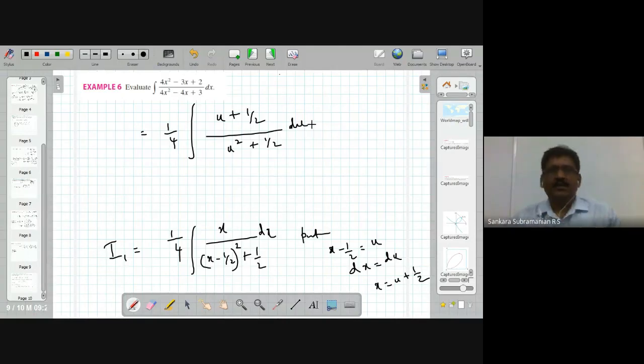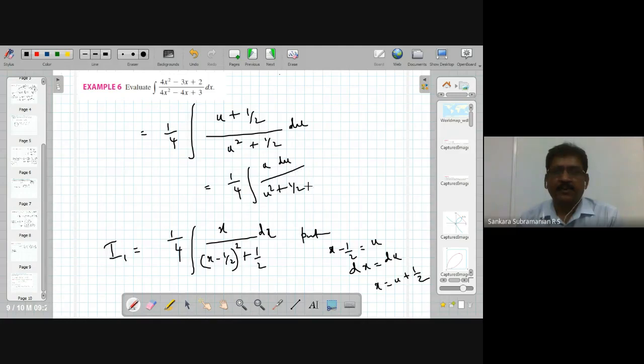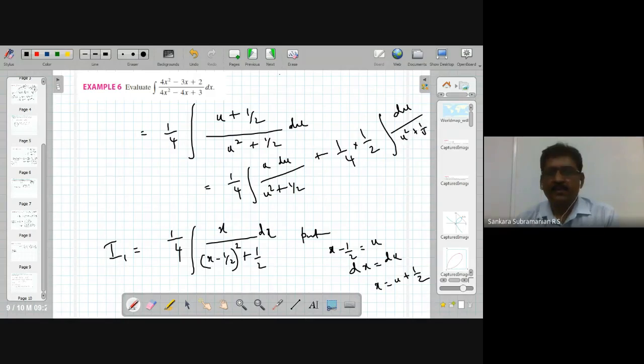Again, you have to split the terms. 1 by 4 times of u by u square plus 1 by 2 du, plus 1 by 4 into 1 by 2 into du by u square plus 1 by root 2 the whole square.